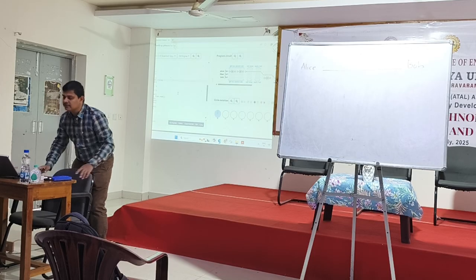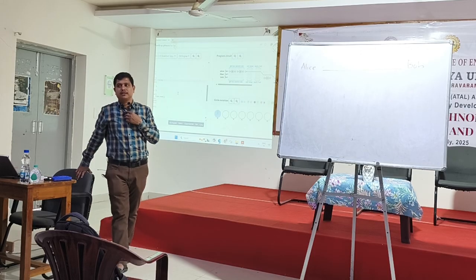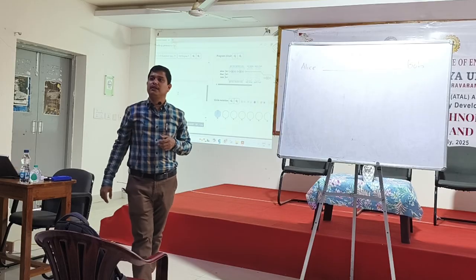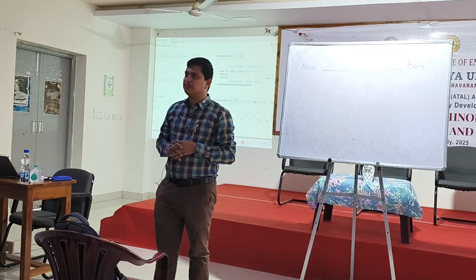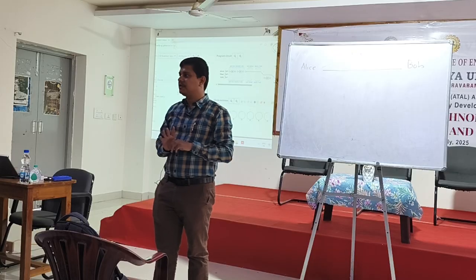So you can try changing these values, and if there is interference, then definitely it is going to identify that somebody is interfering with this message in between Alice and Bob.